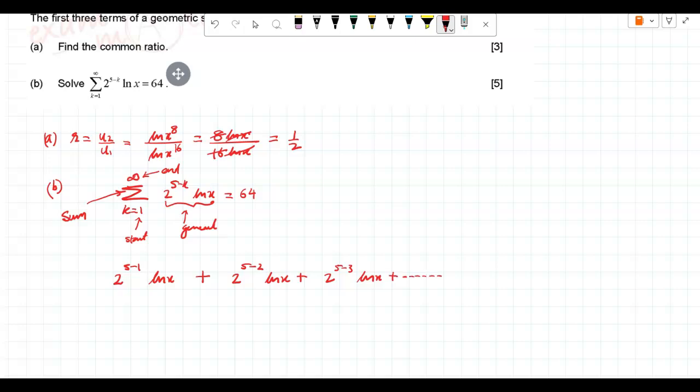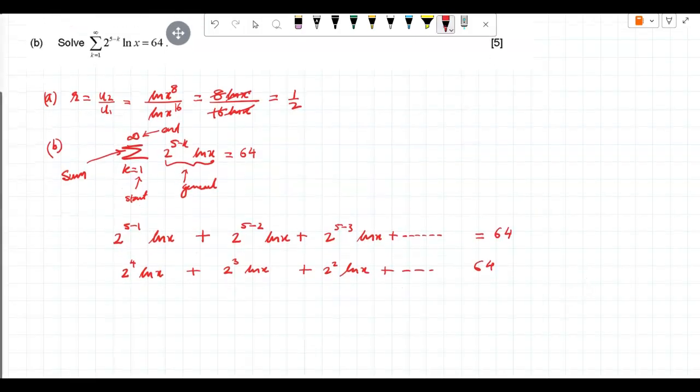You keep on going, and the sum of infinite terms is equal to 64. So what will this become? What is the formula of the sum of infinite terms? So this is 2 raised to 4 ln x, correct? Plus 2 raised to 3 ln x, plus 2 raised to 2 ln x, and so on, is 64.